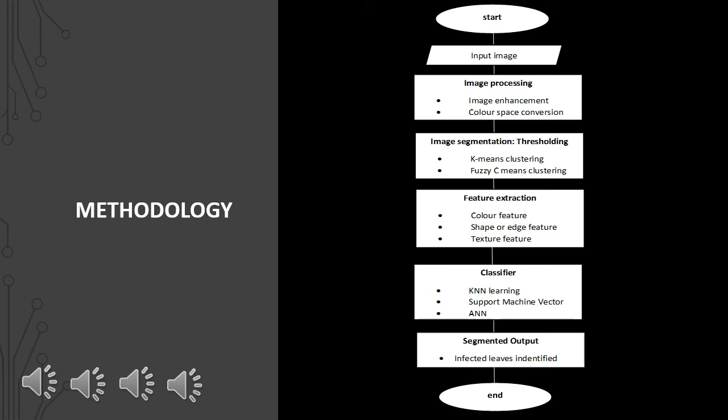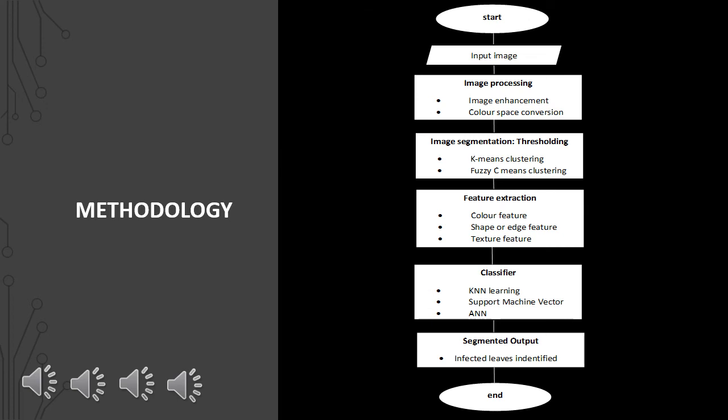Then, feature extraction. There are three types of feature. First is color feature, second is shape or edge feature, and the third is texture feature to determine the image of the leaf. Next is classifier.